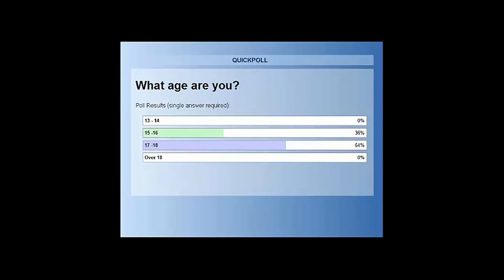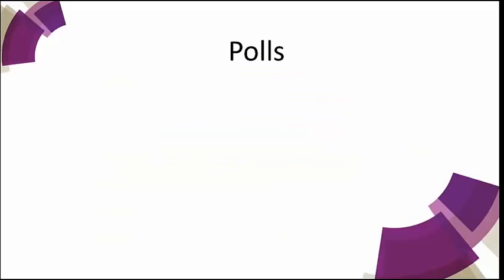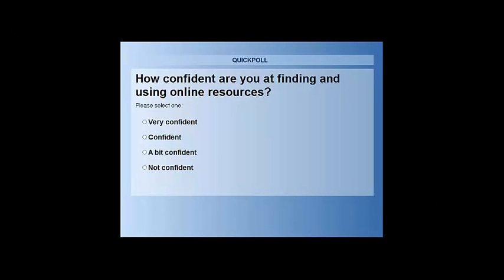Okay, that helps us. So the last poll we want to ask you before we get started is just to find out a bit about how confident you are already at using online resources. So how confident are you at finding and using online resources? Are you very confident, confident, a bit confident, or not confident? So select one.